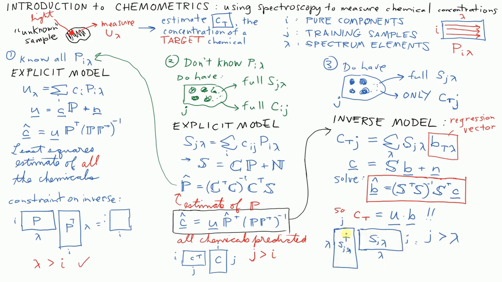That tends to have an unstable inverse. And so this constraint here, J bigger than lambda, says you've got a problem. Usually that's not the way experimental design would be done, and you've got to figure out how to get around this problem. And that is the challenge that we'll tackle in the second video on chemometrics.